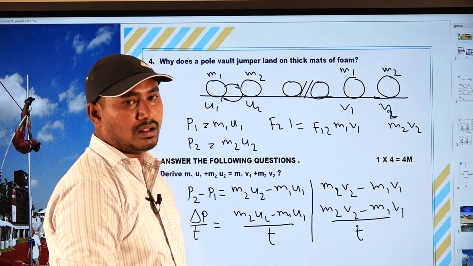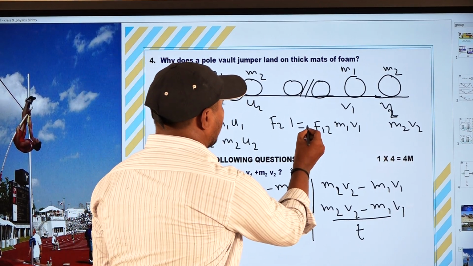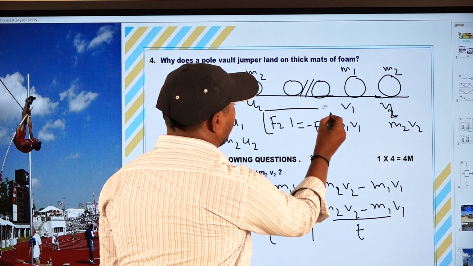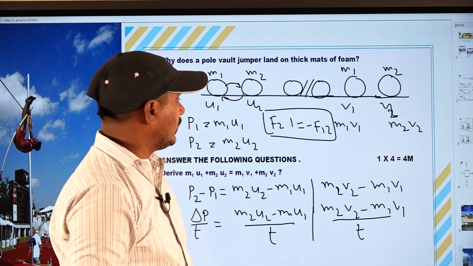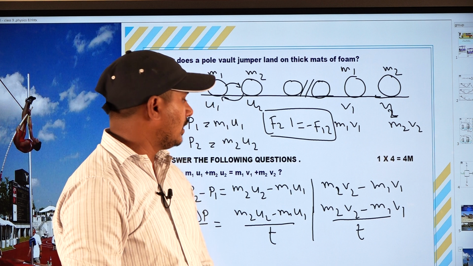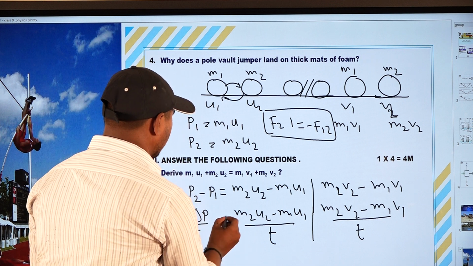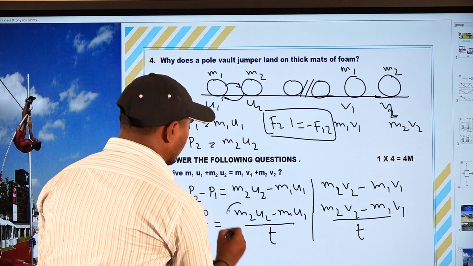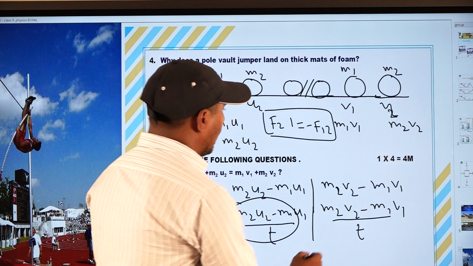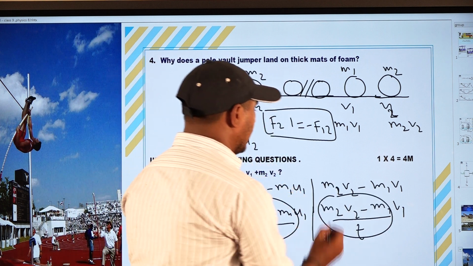These two forces are equal and opposite: F21 is equal to minus F12. Here the minus indicates opposite direction.